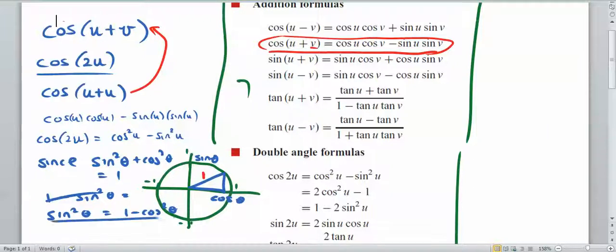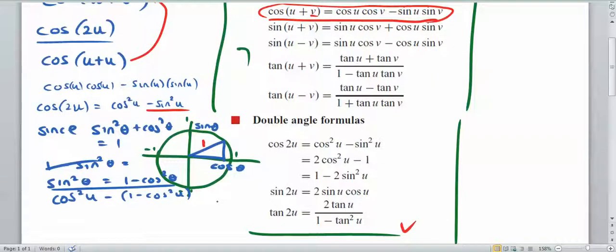And let's sub that into this value here. We've got cos squared u minus sine squared u. Well, minus sine squared u is minus (1 minus cos squared). Well, no longer looking at theta, we're looking at u now, aren't we? So therefore, we've got cos squared u minus 1 plus cos squared u.